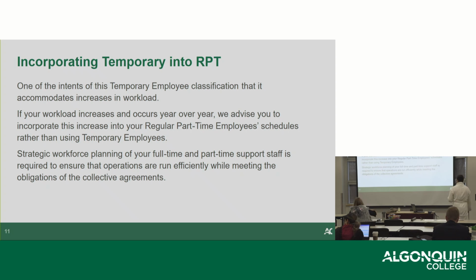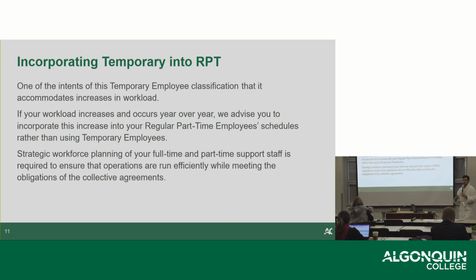One note here. So I gave the example of if you have an increase in workload of 2 months every year, that it's temporary. However, if you know you're going to have this increase in workload every year, whether it's 2 weeks or 2 months or 5 months of increase in workload, you need to workforce plan to accommodate that increase and incorporate it into your RPT.